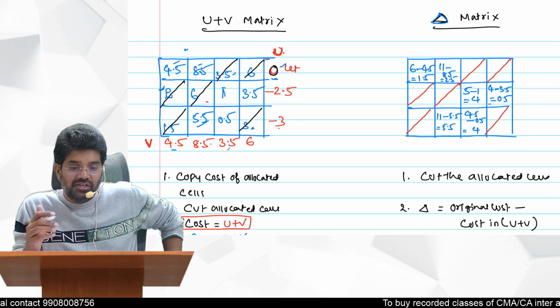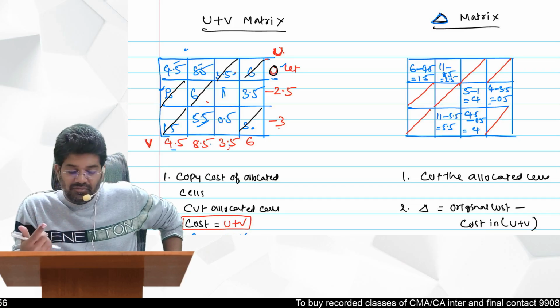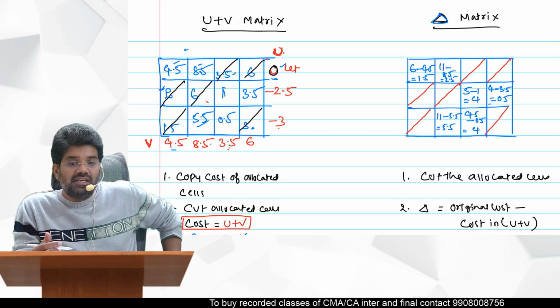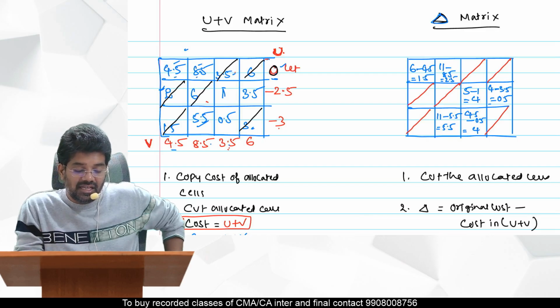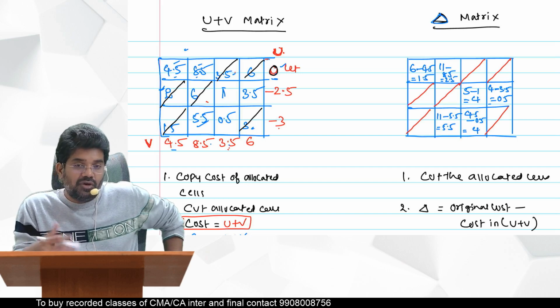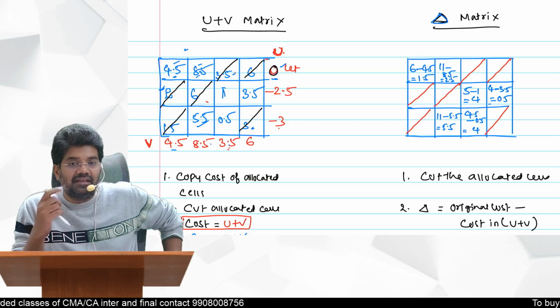Taking that as a base, I have calculated what the cost would be if you select these particular cells, with respect to the allocations.